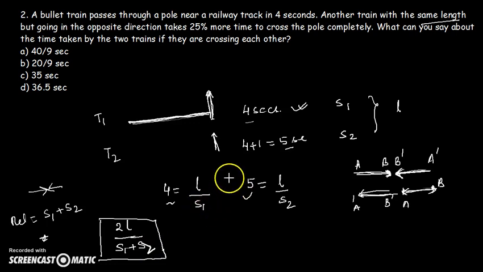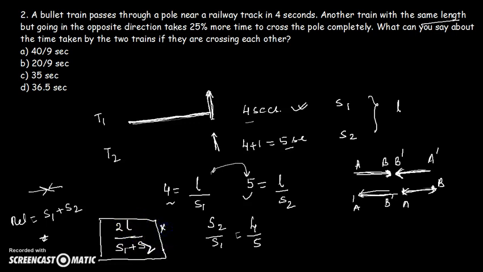You can use these two to say that S2 divided by S1 is 4 by 5. Using these two, we found out the ratio of S2 by S1 is 4 by 5.